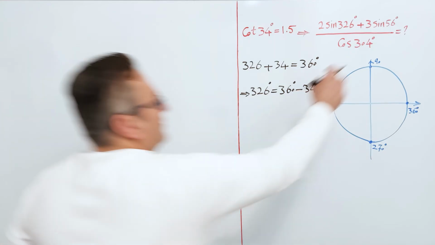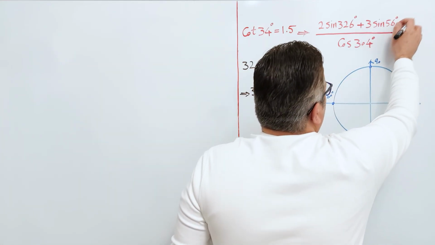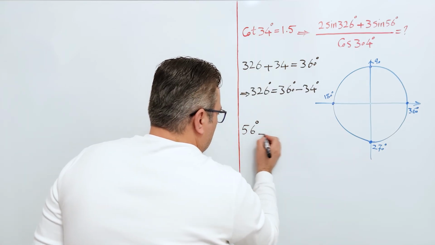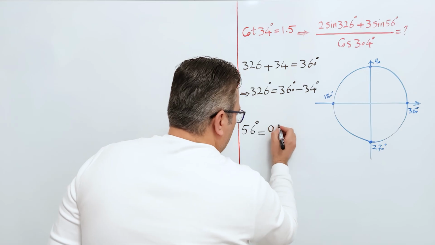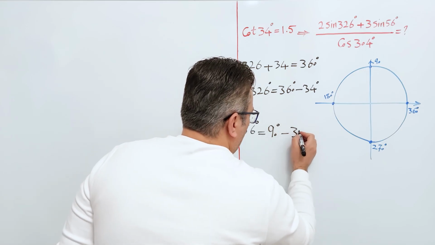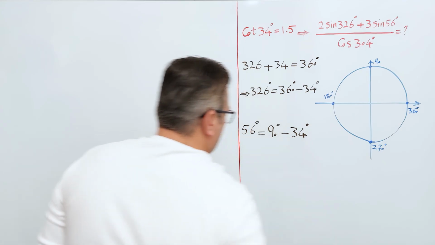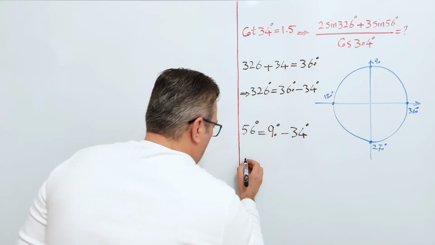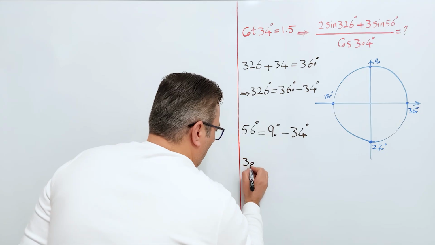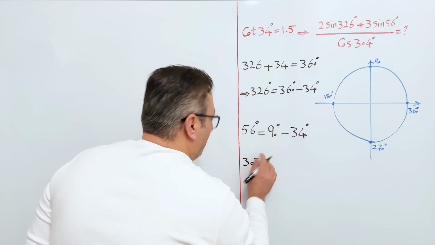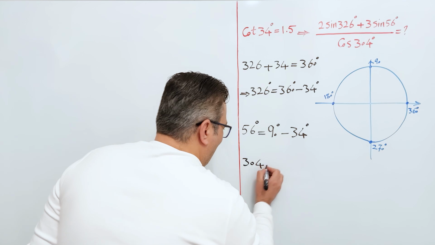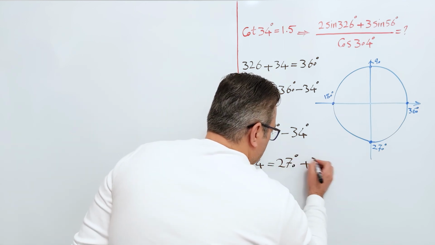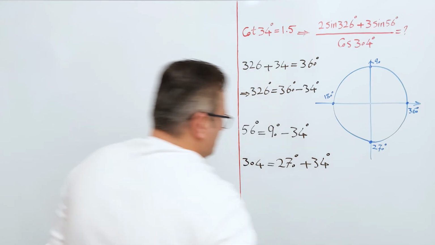And 56 degrees is equal to 90 degrees minus 34 degrees, and 304 degrees is equal to 270 degrees plus 34 degrees.